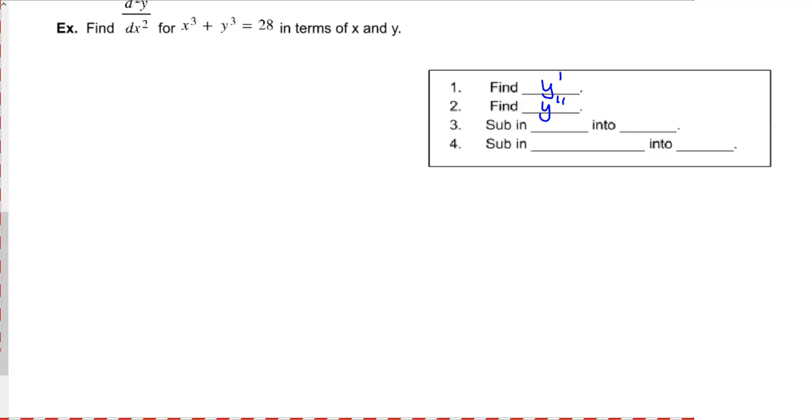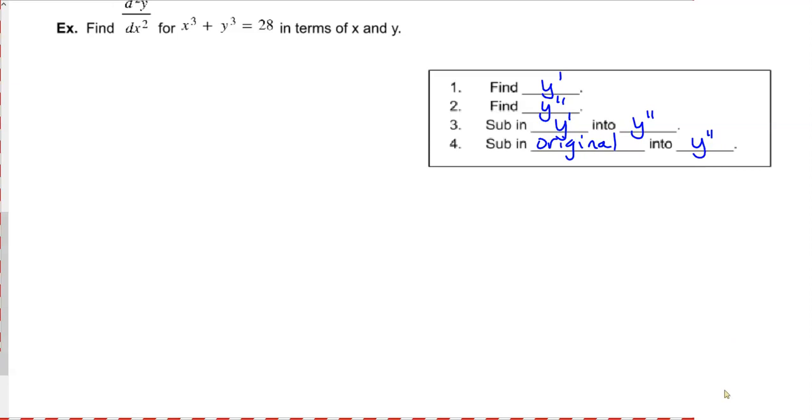And then, once you start simplifying with some algebra, you're going to sub in the y prime that you got in step 1 into the y double prime that you get in step 2. And then we are going to sub in what the original is equal to into the y prime. So we'll do that by example here for you.